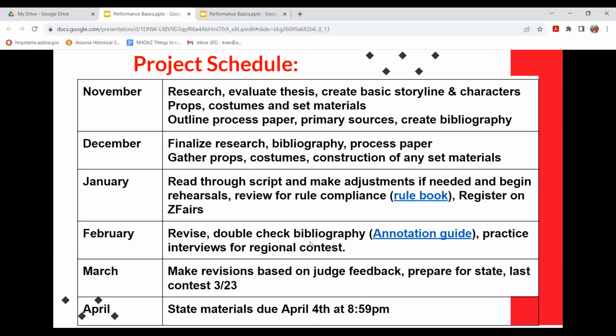The last contest is on March 23rd, and then April's going to be right around the corner. And on April 13th, we're all going to be at ASU for state. So this is just a sample to help you keep focused and in line as you are developing your presentation. Here's an example that you can use.